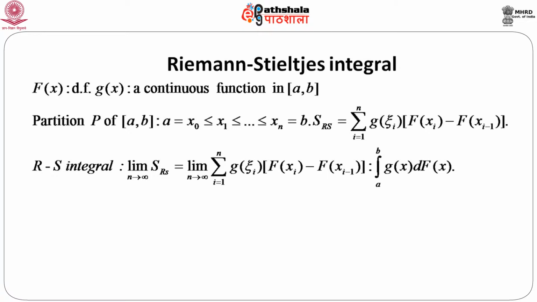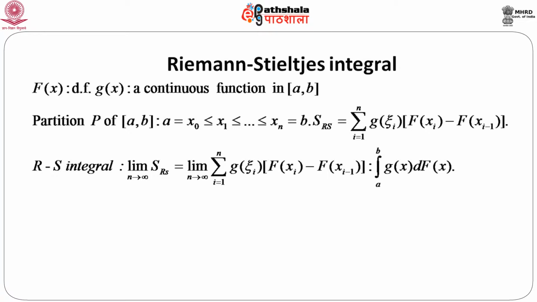We define the Riemann Stieltjes sum as the summation from i equals 1 to n of g(xi_i) into F(x_i) minus F(x_{i-1}), where xi_i is an arbitrary point within the ith sub interval.